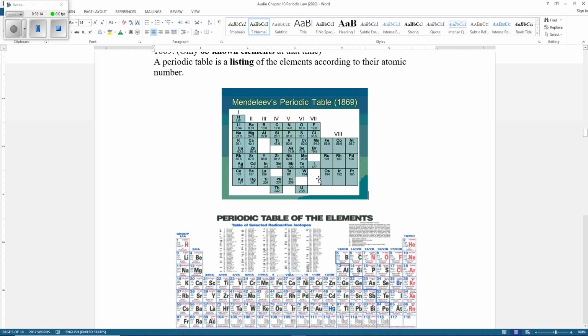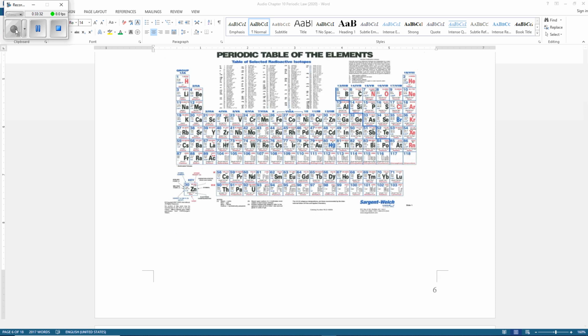Later, other scientists found the new elements and they just fit in. The properties Mendeleev already told us long time ago. Here's how the periodic table looks today.